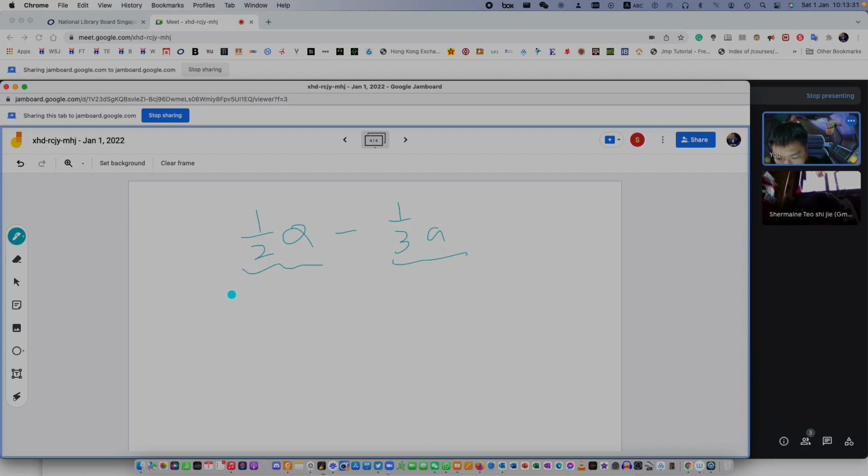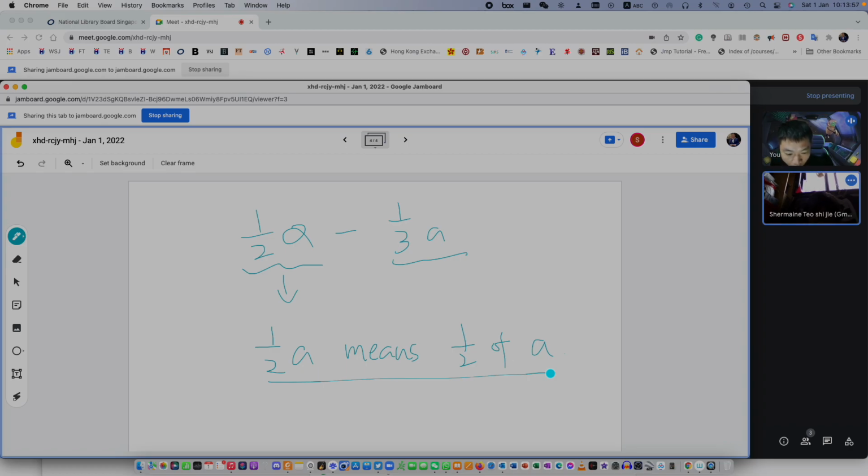This one is considered half a. Half a means half of a. Can you repeat this? Half a means half of a.